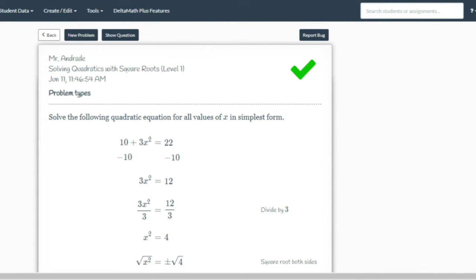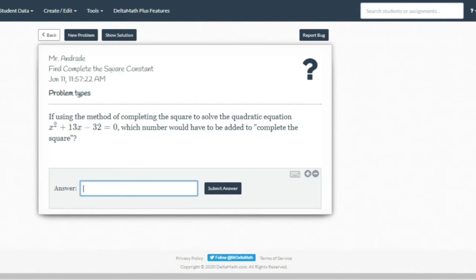The next type of question you're going to get is find the complete the square constant. So if using the method of completing the square to solve the quadratic equation, x squared plus 13x minus 32 equals 0, which number would have to be added to complete the square? Now they're talking about that magical number, which is b over 2, and then you're going to square it.